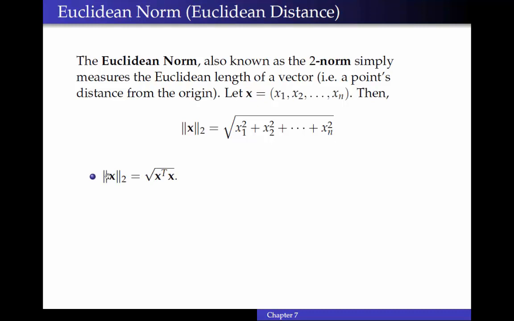Another way that I can write this is that it's the square root of x transpose x, right? x transpose x gives me the sum of the individual elements squared. This is something that we should already have seen several times by now. So the 2 norm is just the square root of x transpose x. And part of the reason I give you all this information is that when you go to research things in data science, you don't know who will have written that article or that white paper.